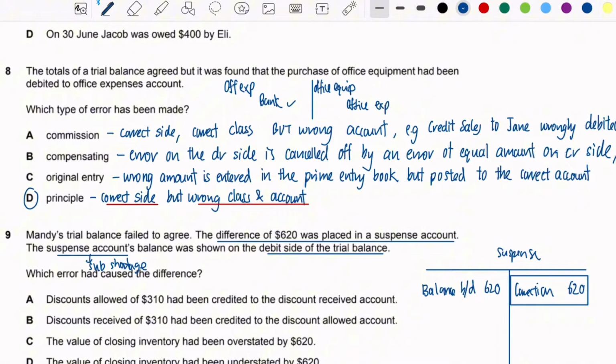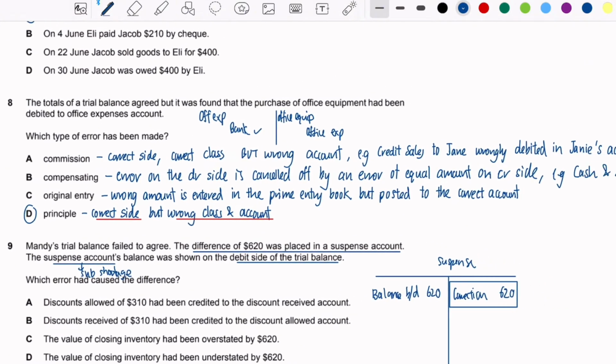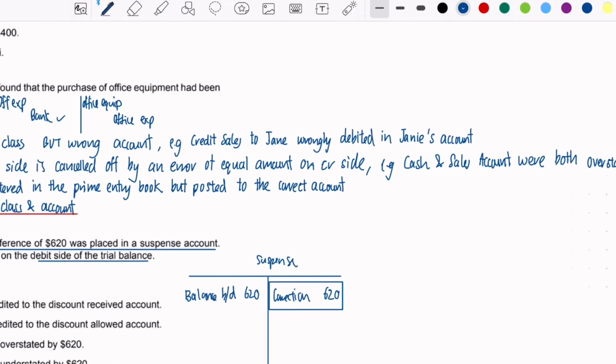Okay, so let's see the first one. Discount allowed of 310 had been credited to the discount received account. Okay, so let me write it here. So this is the original entry. You didn't debit discount allowed.